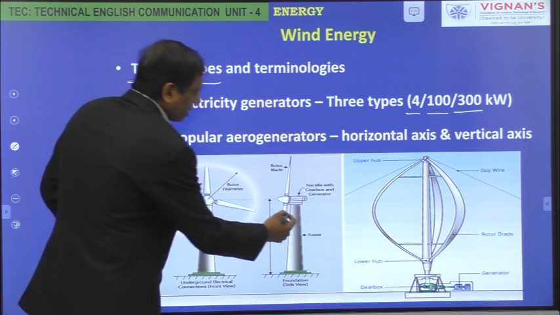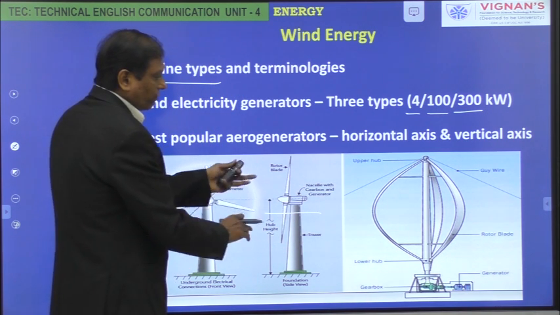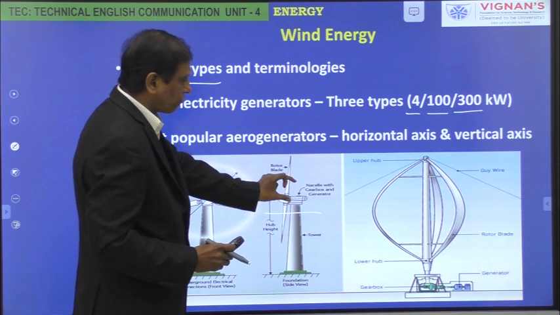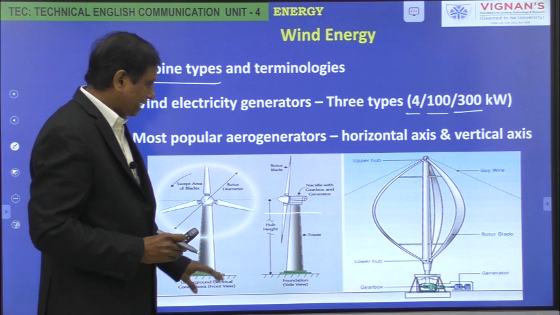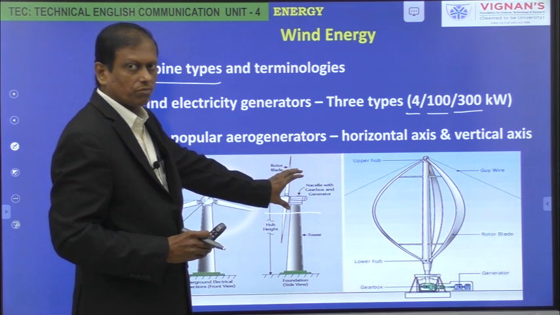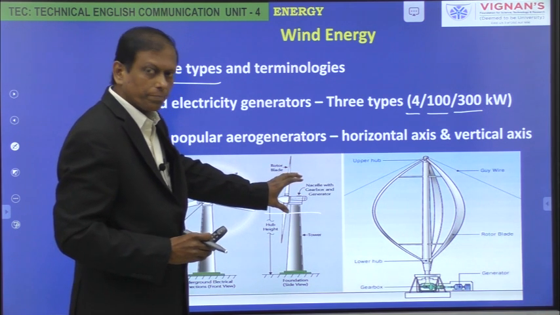This is a horizontal generator type, where the fans move the generator, and the generator is set up on the top of a tall tower. So the entire equipment has been set up on the top of the tower, which is very expensive and very heavy.